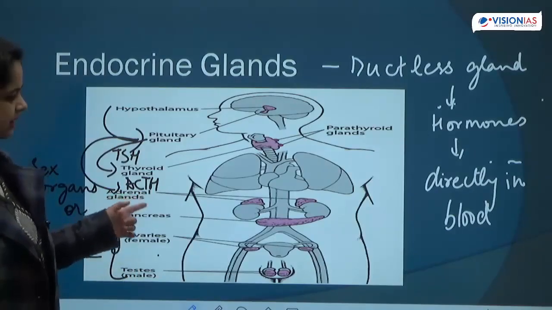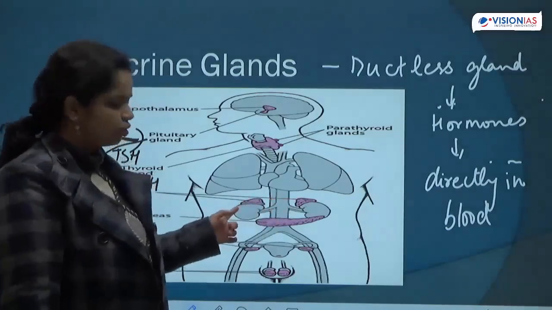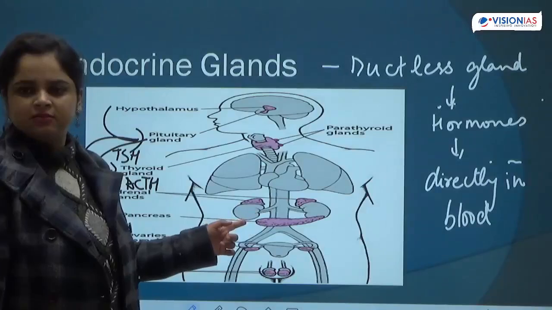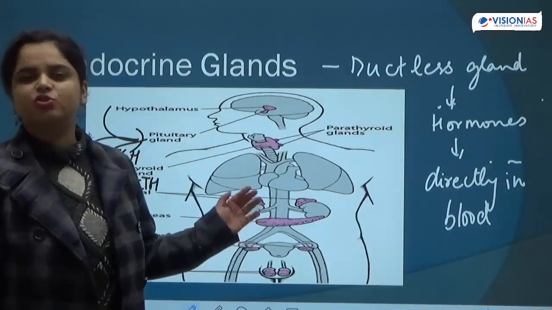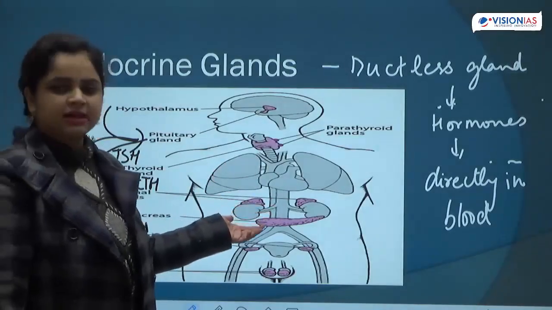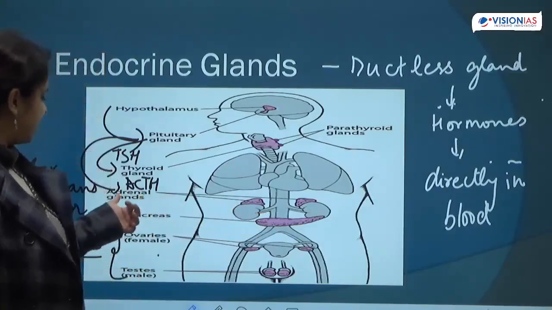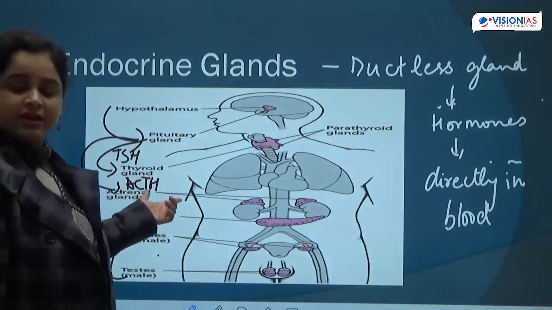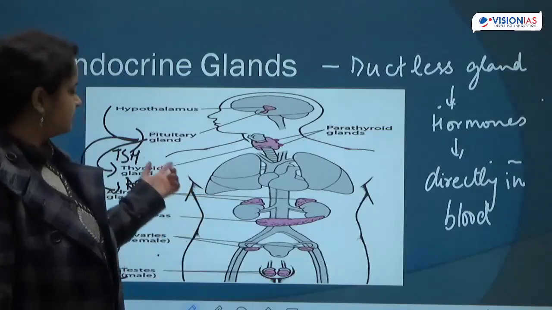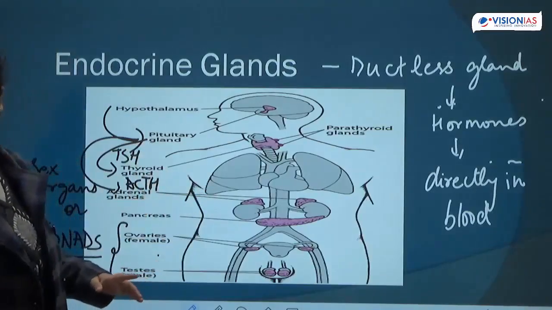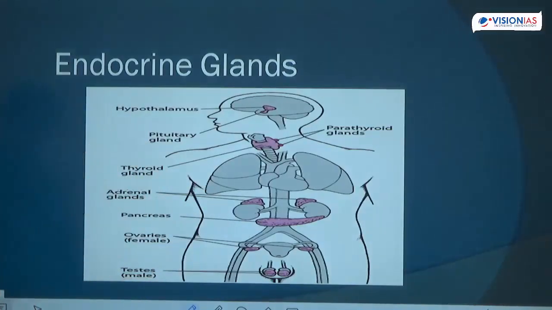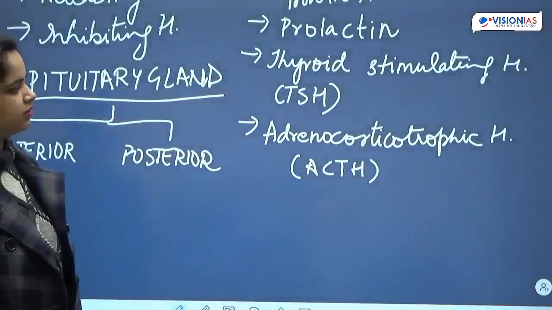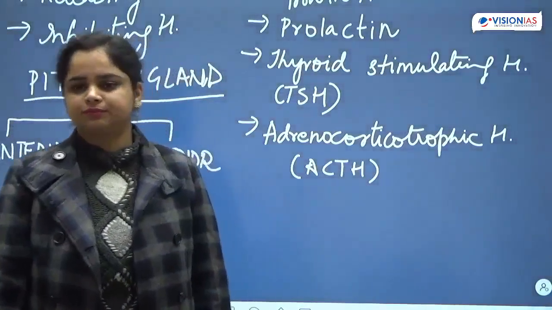Okay, adrenal glands are present on top of the kidneys. For kidney, we use the word renal, so adrenal is derived from there. So adrenal glands will start working. They'll release their hormones on the stimulation from the pituitary gland. Write down adrenocorticotropic hormone.